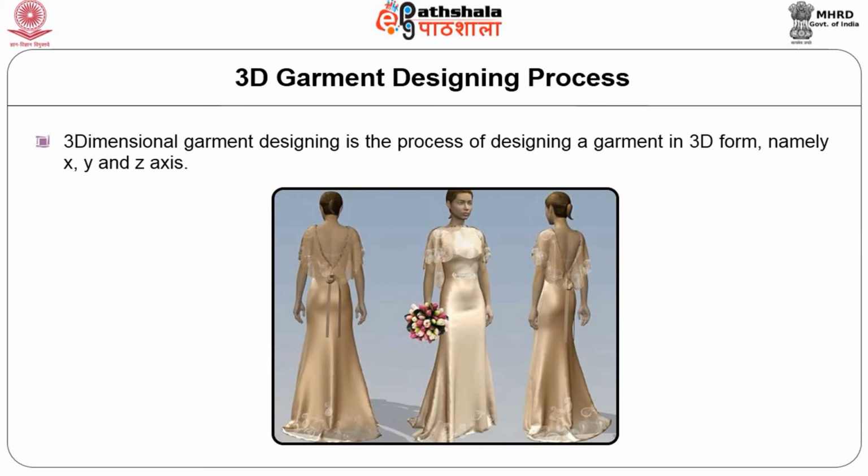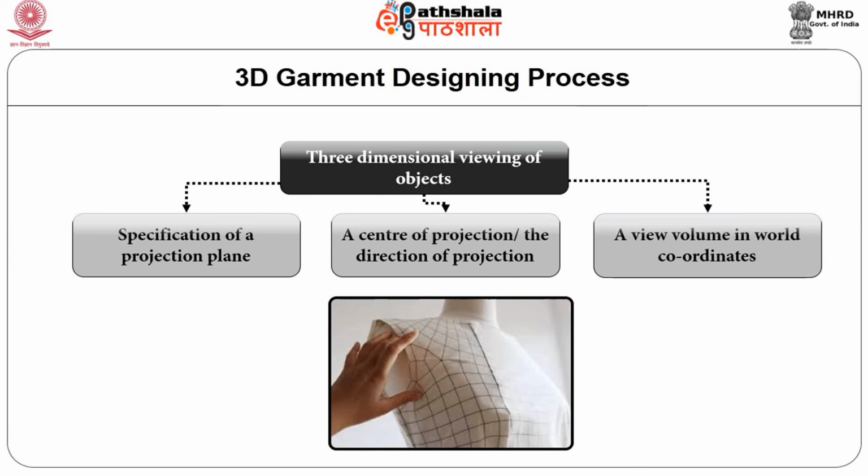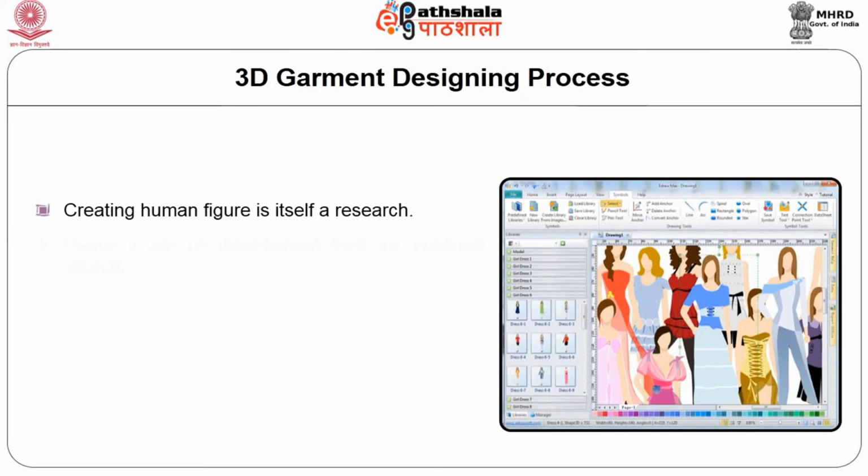Three-dimensional garment designing is a process of designing a garment in 3 dimensions, that is x-axis, y-axis and z-axis. Three-dimensional viewing of objects requires specification of a projection plane, center of projection or the direction of projection and a view volume in world coordinates.